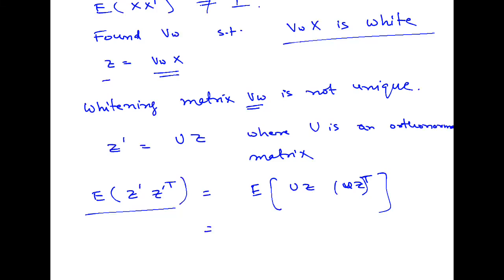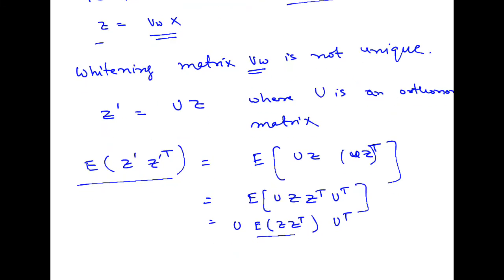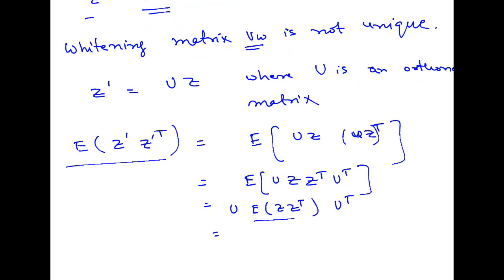Which is the expectation of U Z Z transpose U transpose, right? By linearity of expectation, this is U times the expectation of Z Z transpose, times U transpose. The expectation of Z Z transpose is I. So this is U times I times U transpose, which is I. Right?